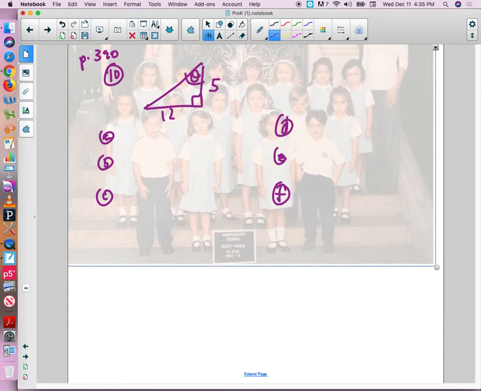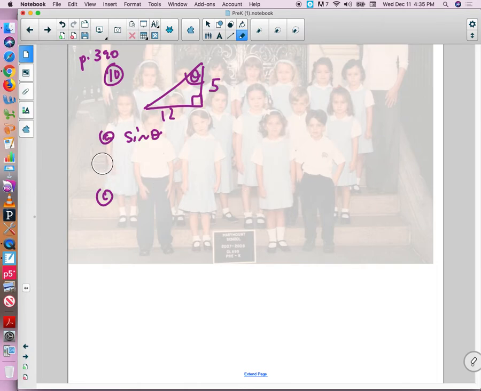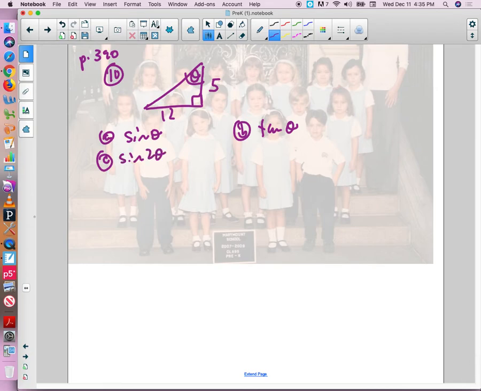A is sine theta. Sorry, that goes across. B is tan theta. C is sine 2 theta. D is cosine 2 theta.